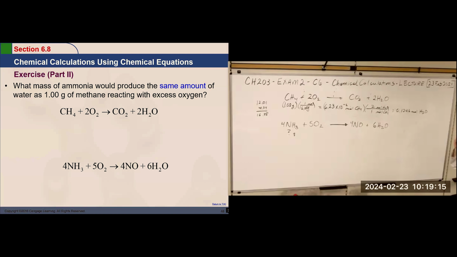The question then is, if we produce exactly the same amount of water here, how many grams of ammonia would be required? With excess oxygen here also.